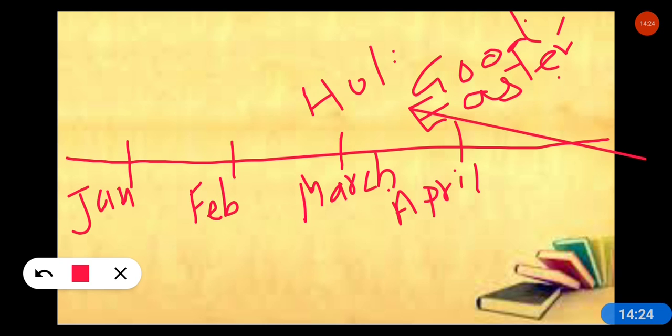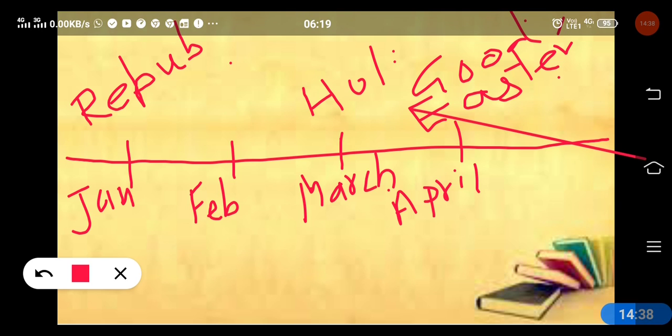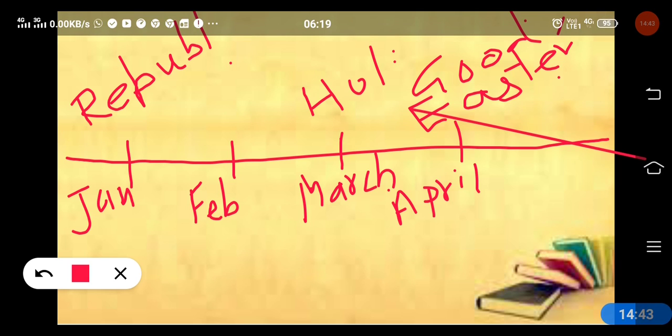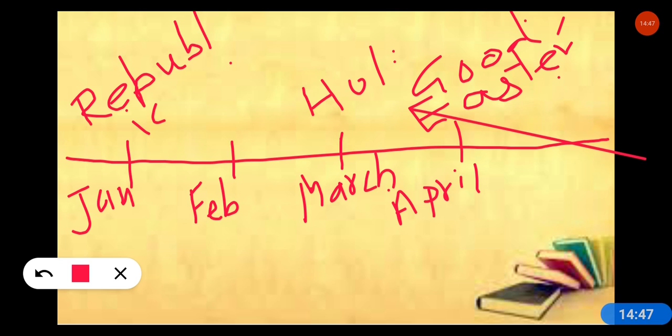You have to write both festivals in the month of April. Republic Day, January. Like that, you have to draw the timeline. Okay, I hope you have understood.